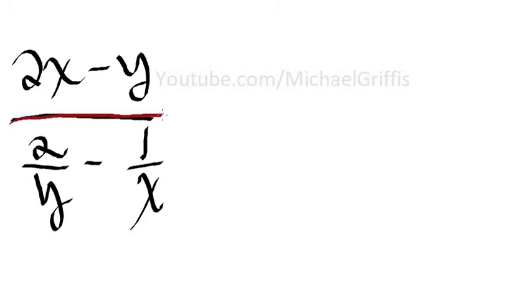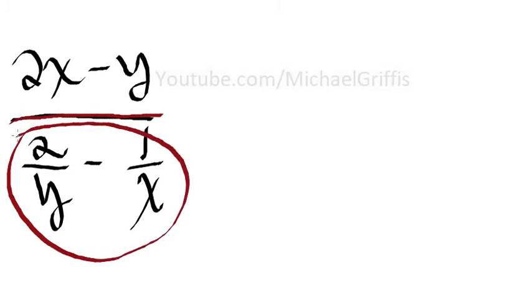What we want to do first is let's go ahead and work on this guy here, because we got to get that into one single fraction. All right, so we're going to do that. We're going to work on that one first, and then we'll come back to the main problem.